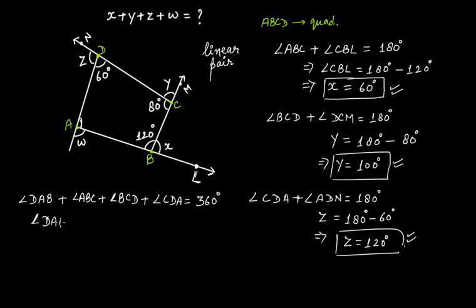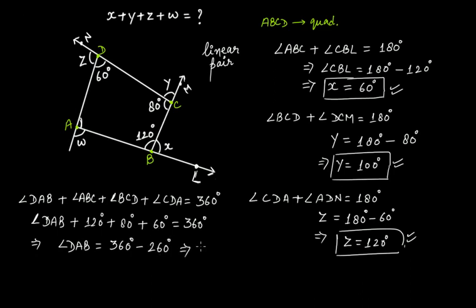So angle DAB plus angle ABC, which is 120 degrees, plus angle BCD, which is 80 degrees, plus angle CDA, which is 60 degrees, is equal to 360 degrees. If you solve for angle DAB, it is 360 degrees minus 120 plus 80 is 200, plus 60 is 260 degrees.